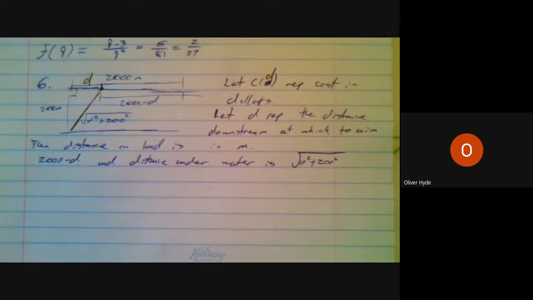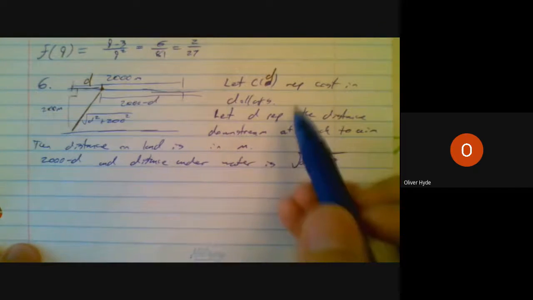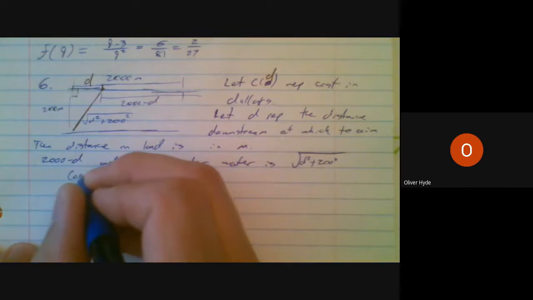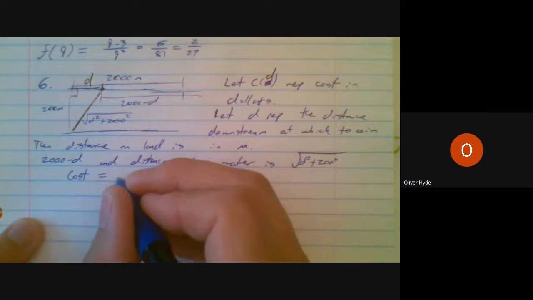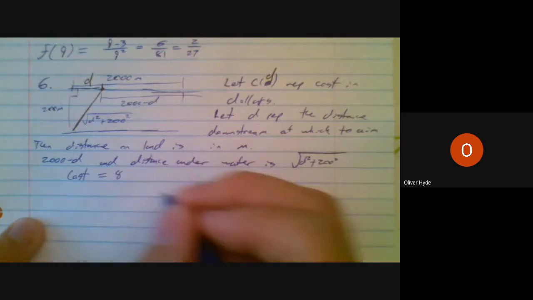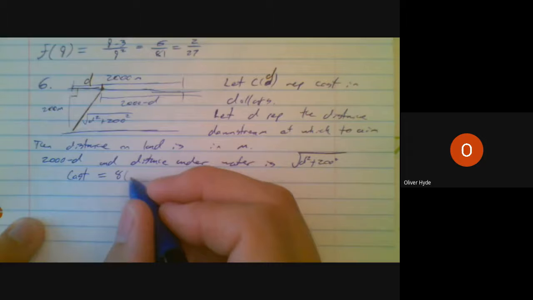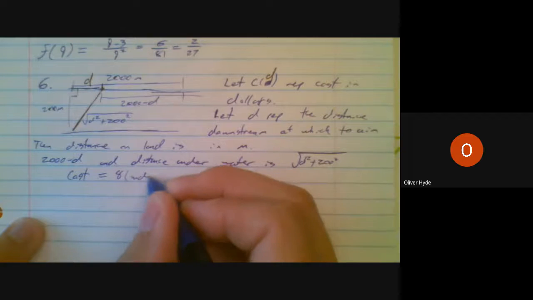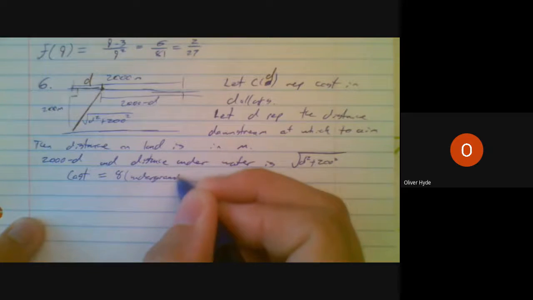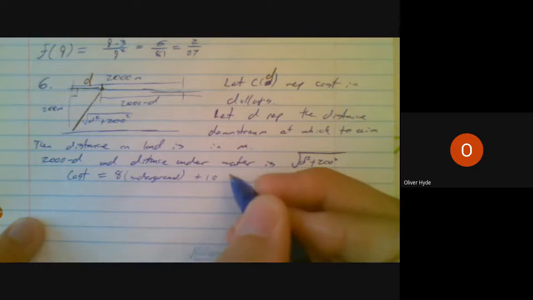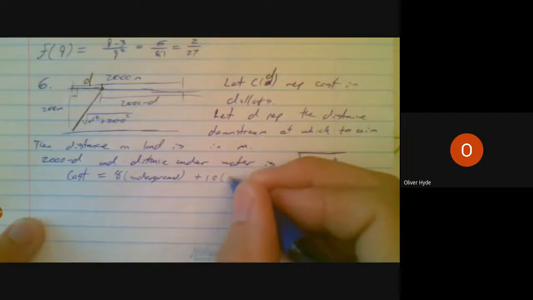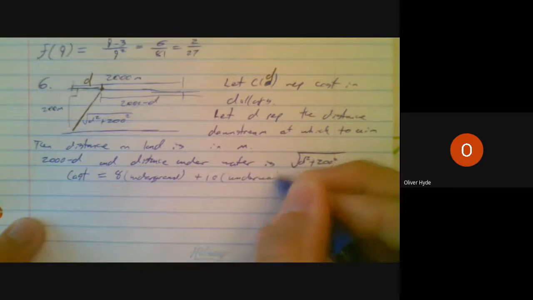Okay, and that might just help me, especially if I'm starting in English here and I say that the total cost is going to be the $8 per meter underground multiplied by the distance underground, plus $10 per meter multiplied by the distance run underwater.